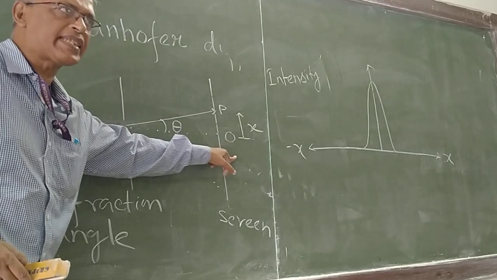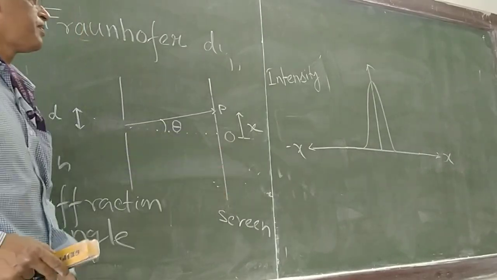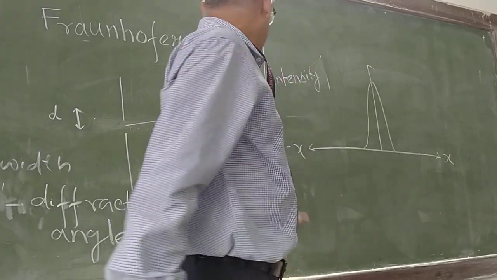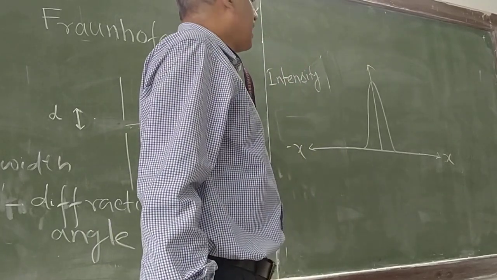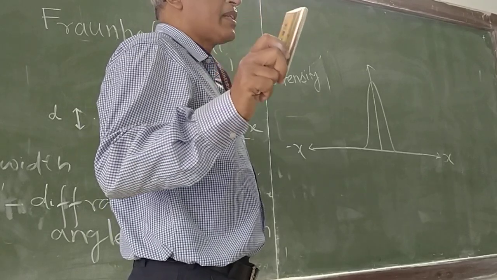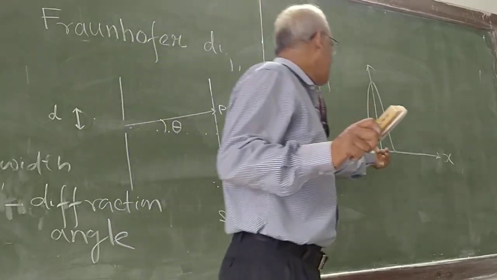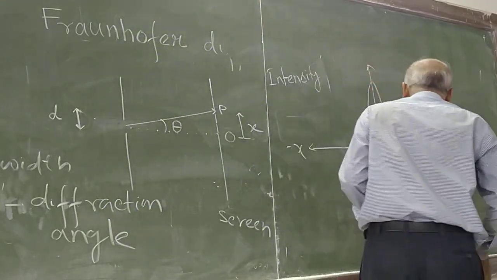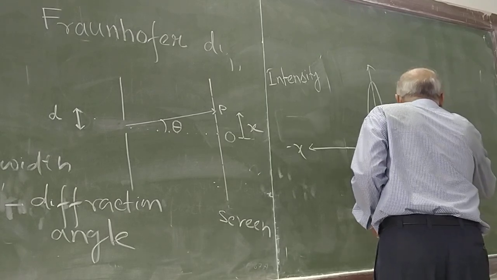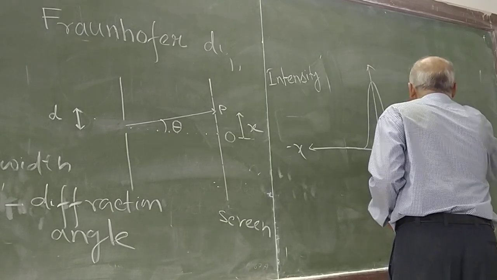What is the value of x? In this case x is equal to 0. Then it is the central maximum. Theta is equal to 0, the undiffracted beam. You will get maximum intensity like this. Then you will get a series of maxima with decreasing intensity.